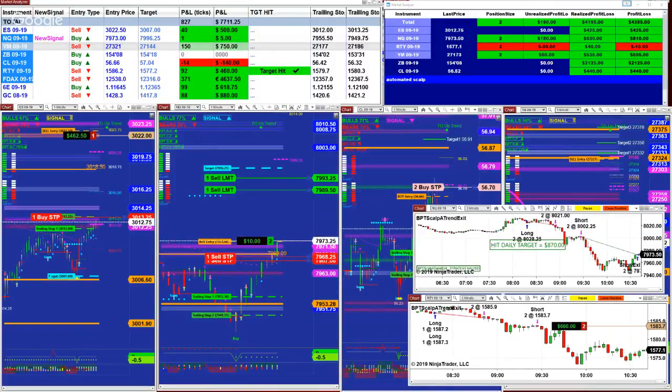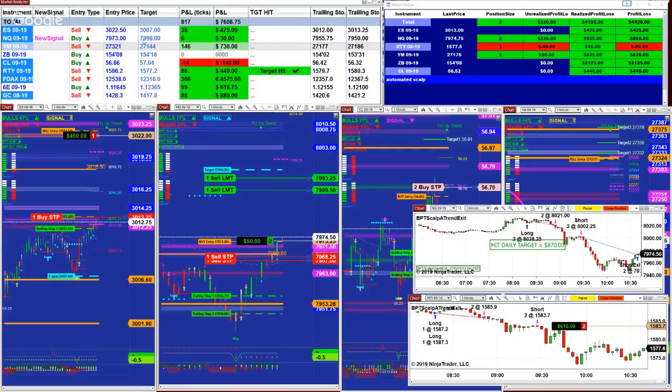There we go. We have a new buy entry on the Nasdaq at the 73 level, and the target 96.